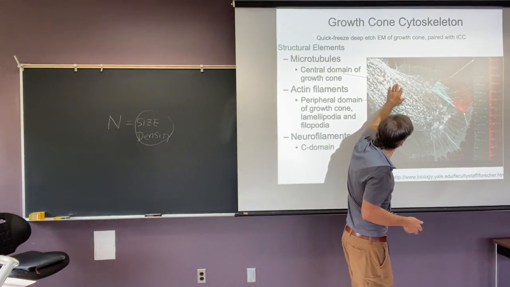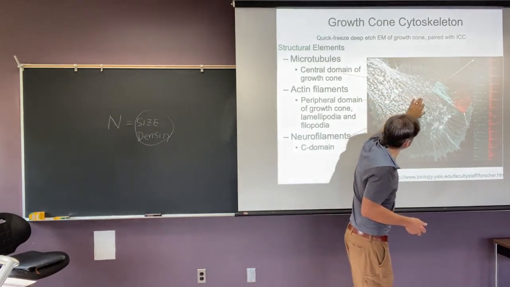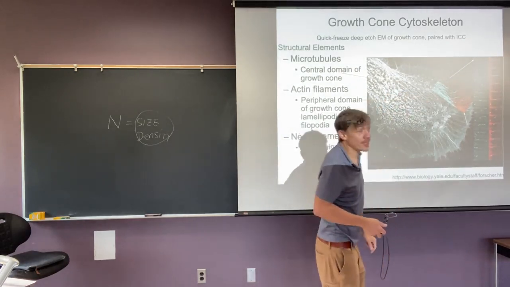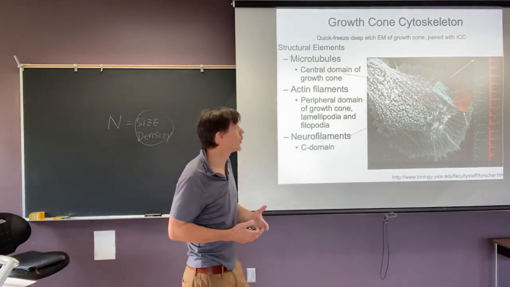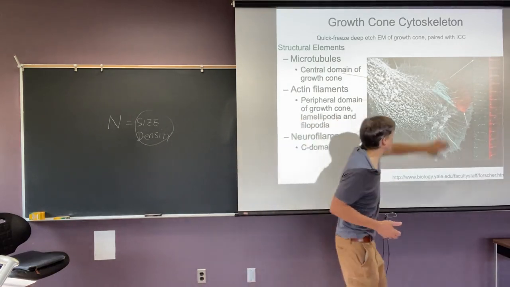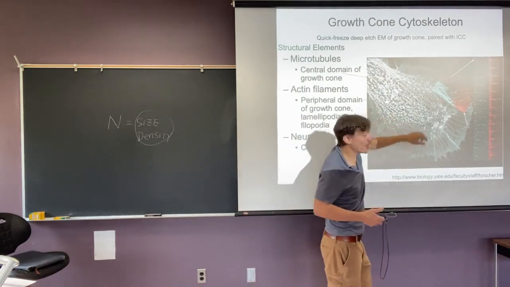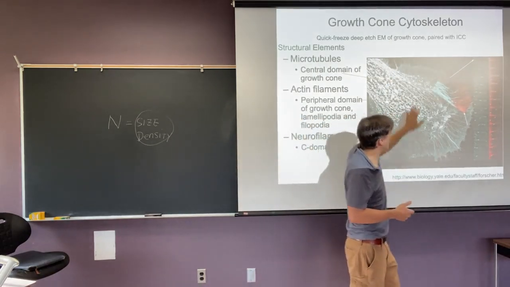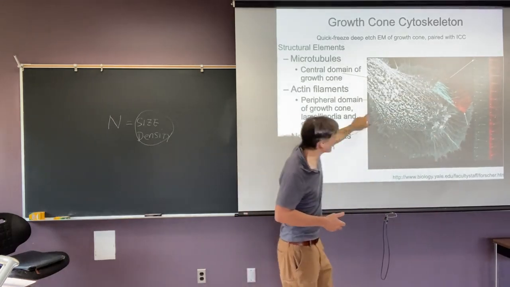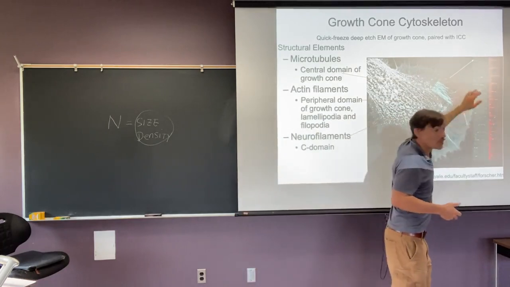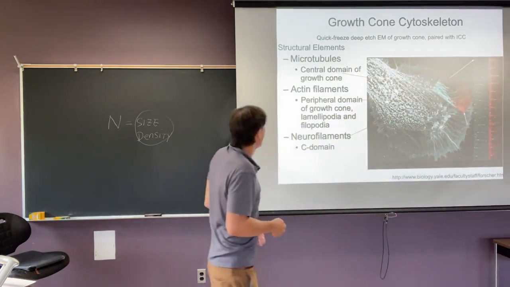But probably more importantly, these lines here, at least the thinner ones, are going to be individual microtubules in the central domain of the growth cone. So in the growth cone, you have a central domain full of microtubules and organelles, and there's a peripheral domain that's rich in actin, and it's right against the plasma membrane of the cell.